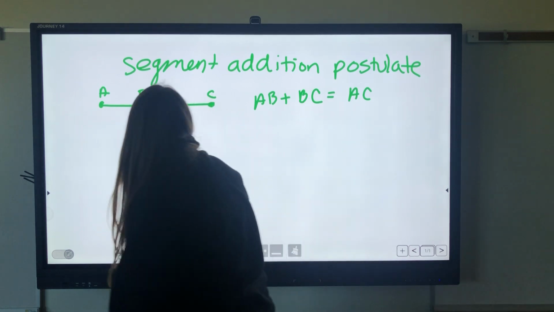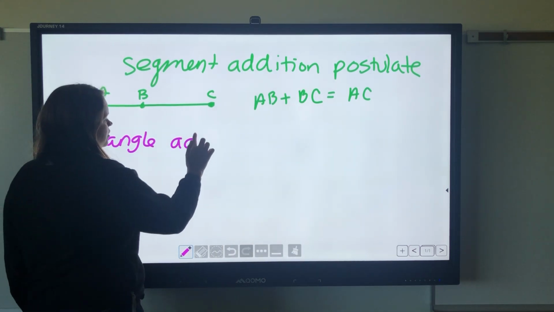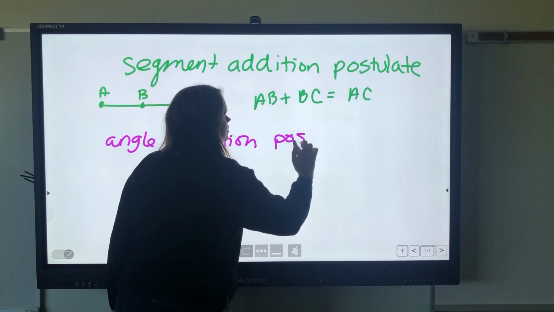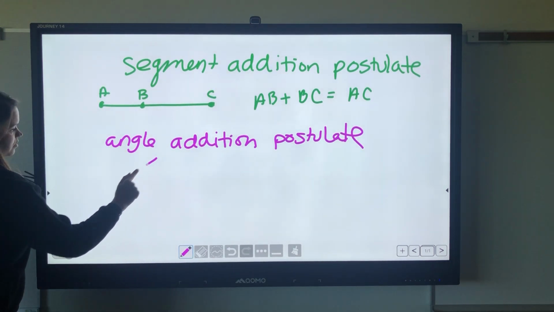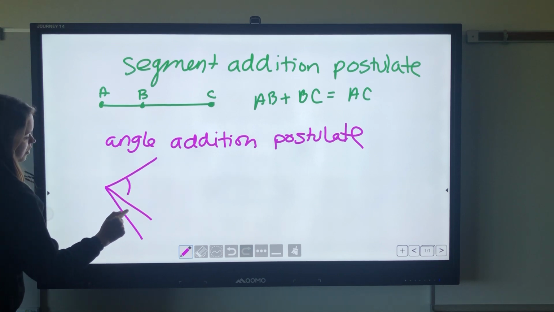And similarly, the angle addition postulate. Because a large angle can be cut into two angles, this larger one and this smaller one.